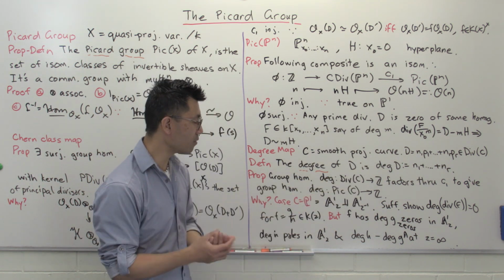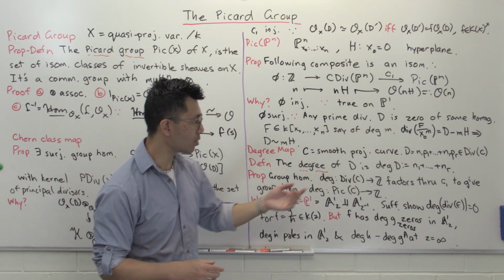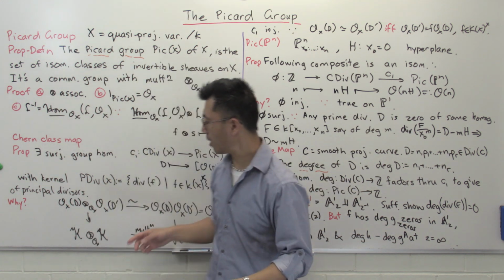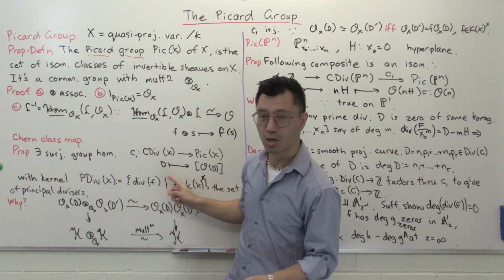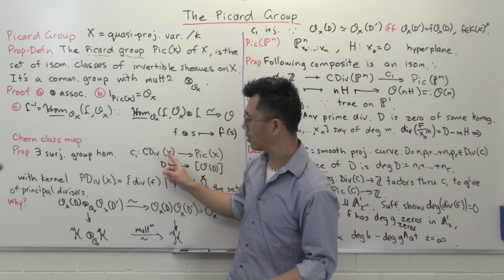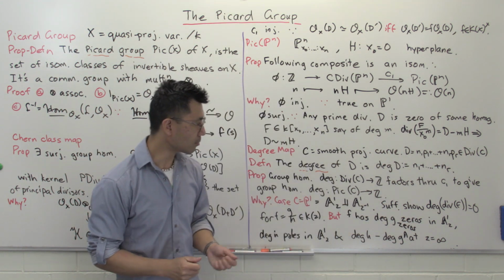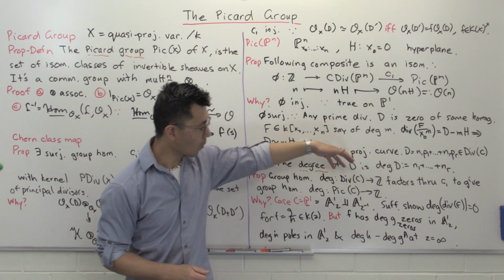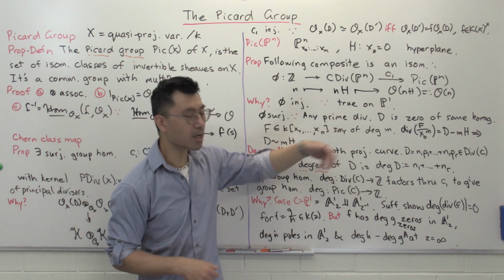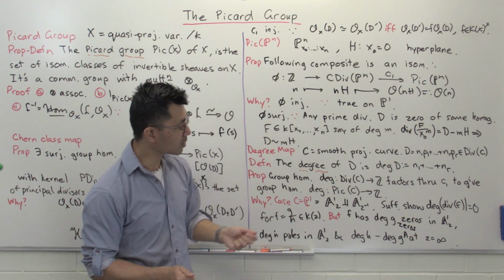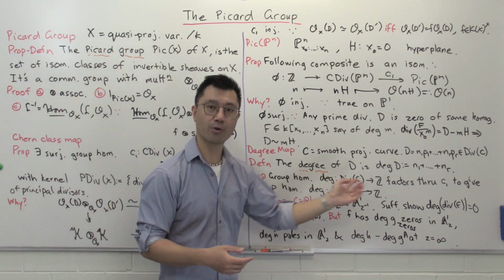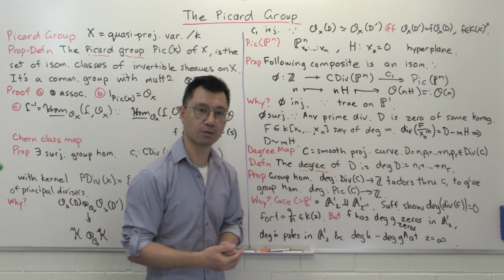If you have an invertible sheaf, what you can do is you can work out this here by taking a section, for example. You can find this divisor. You just take a general section and look at the zeros of that, and that will give you a divisor, and you look at the degree of that. So that can often tell you if two invertible sheaves, for example, are non-isomorphic, if they have different degree.